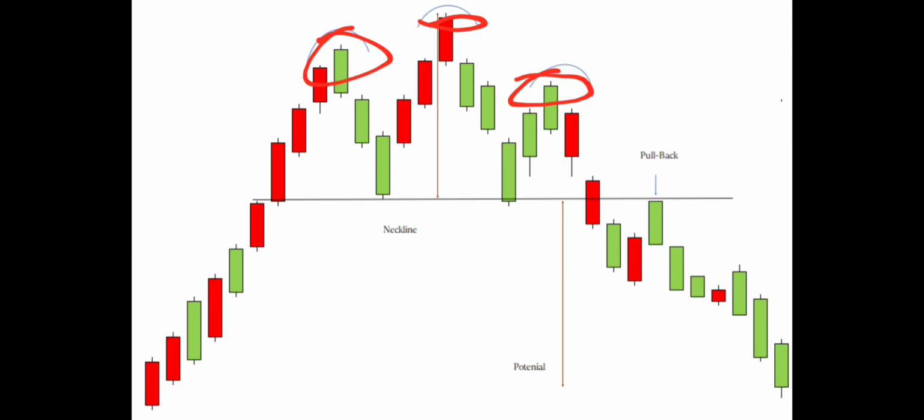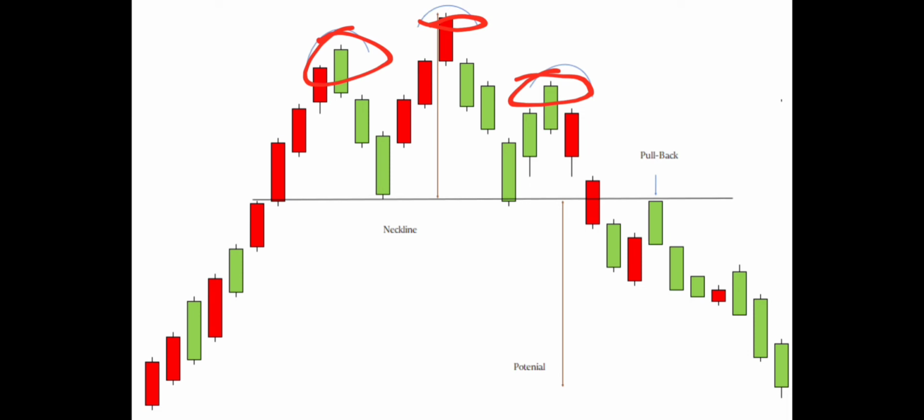When a chart pattern forms at the support of our chart, that means a downtrend is going to change to an uptrend. When it forms at the resistance of our chart, an uptrend is about to change to a downtrend.